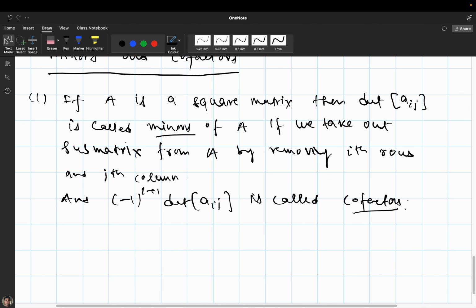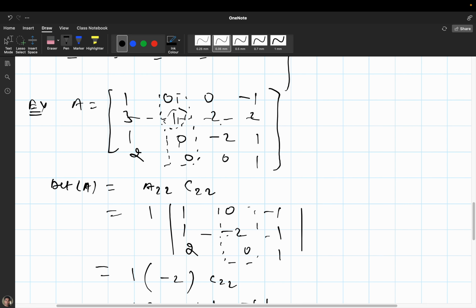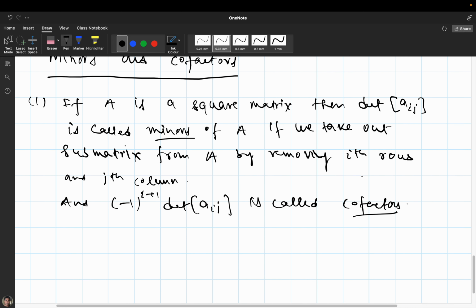Are you getting it? Tell me. The definition of minor is nothing but, I've just talked about that: you remove the ith row and jth column and take the determinant of that submatrix, and if you multiply by the term minus 1 raised to the power i plus j, the result is called the cofactor.